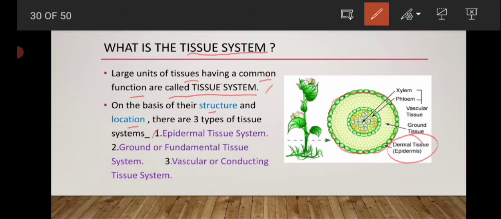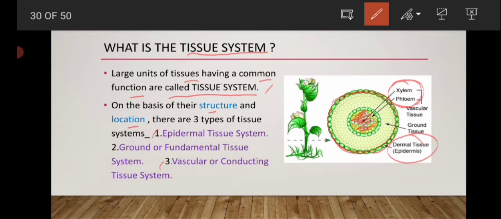Now moving to number 3, vascular or conducting tissue system. It consists of complex conducting tissue like xylem and phloem. So this is the part of vascular tissue system and this is the part of epidermal tissue system.